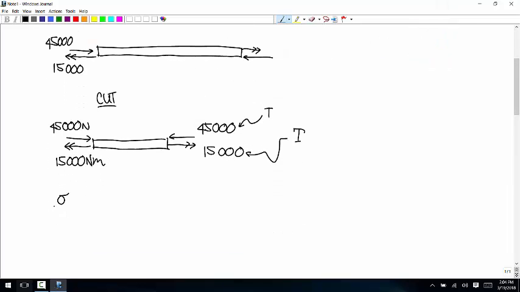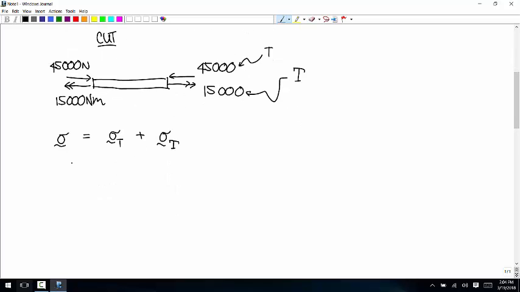And our total stress is equal to the stress due to tension plus the stress due to torque. The stress due to tension, it's really compression.